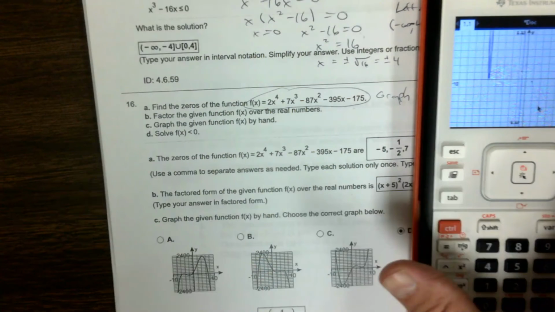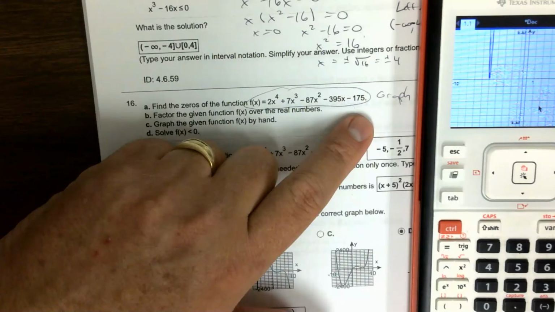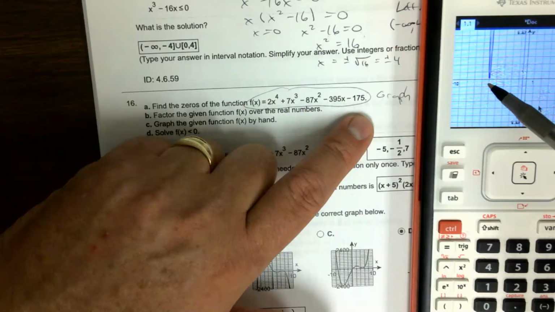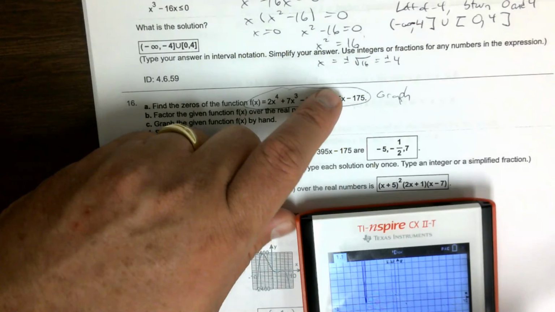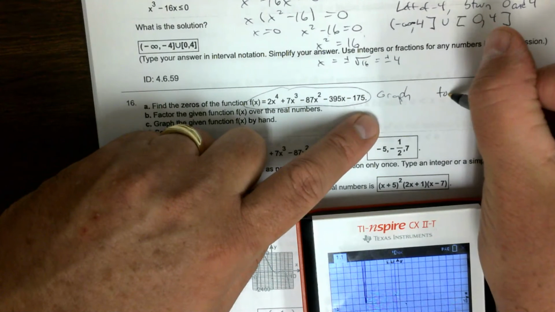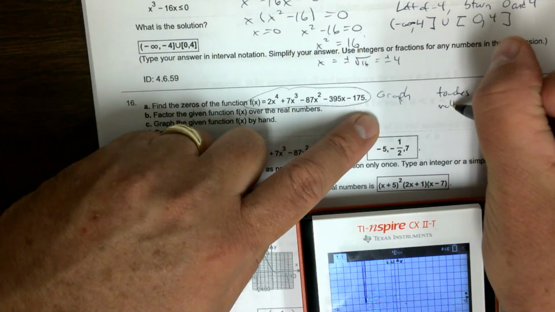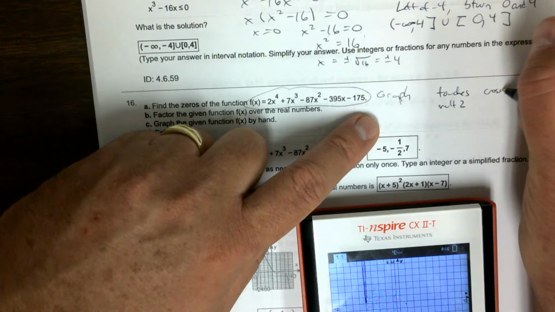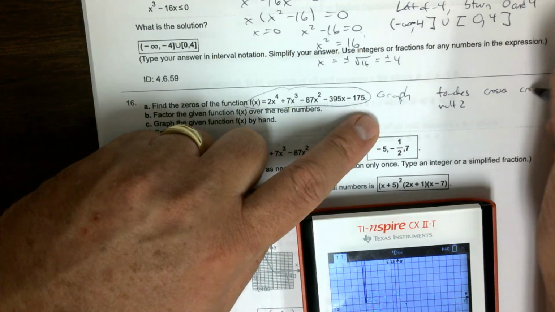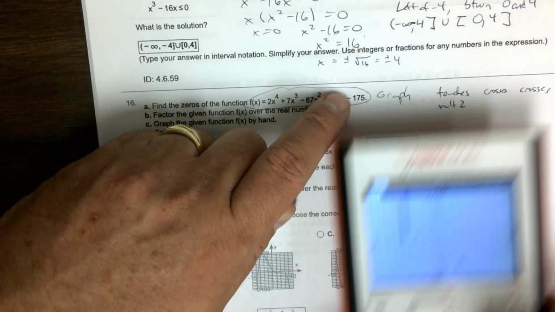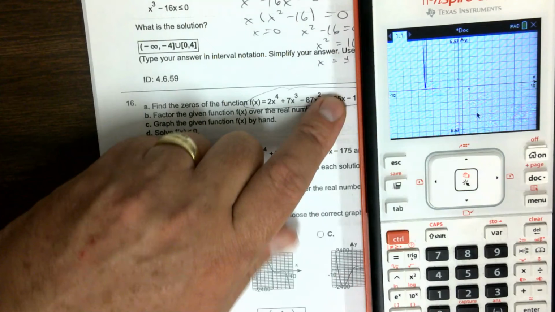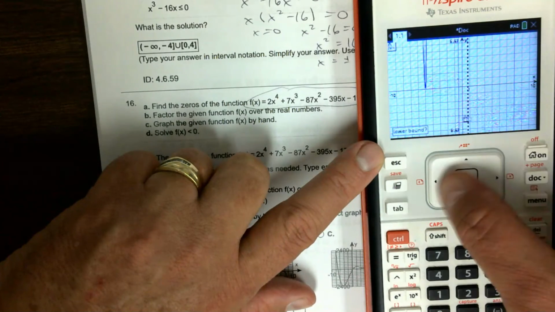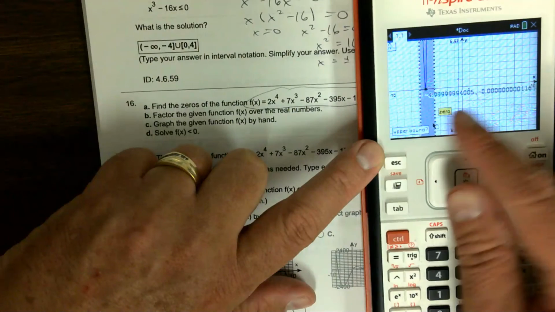Now if we use what we've been learning, this one touches with multiplicity 2. And then there's one that crosses and another that crosses. So let's try to figure that out. If we go to analyze graph, zero, between here and here, that's -5.